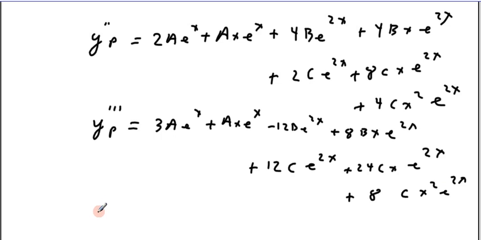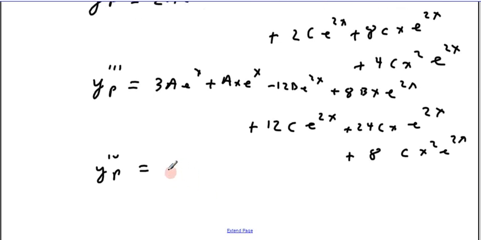Okay, now we got the fourth derivative of y_p. I'm going to change colors at this time to see if that'll help me any. Okay, so I have 4, ae to the x. That's a positive sign. 24 plus 8 is 32.